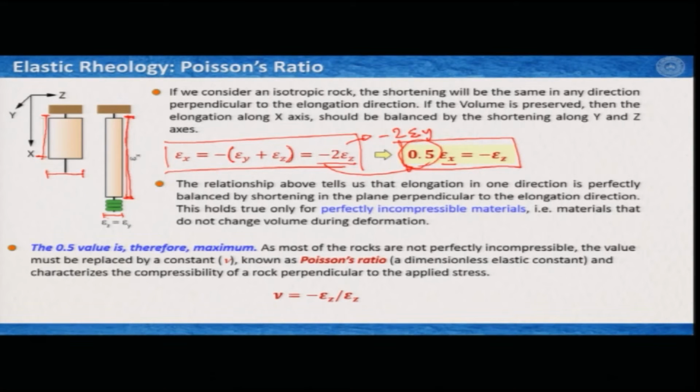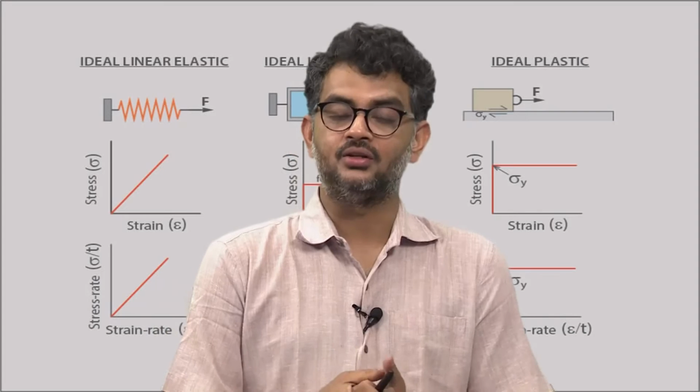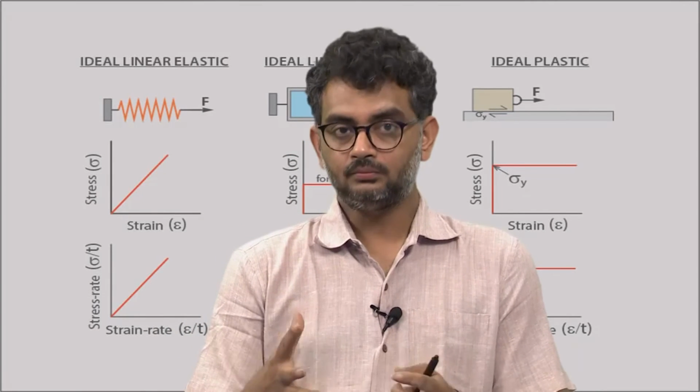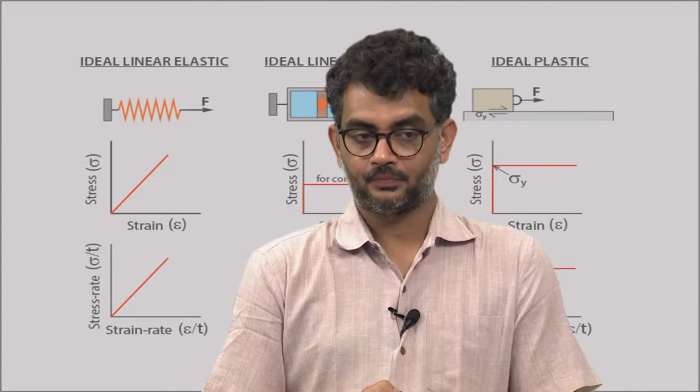So, therefore, if you have your volume constant, that 0.5 value is maximum, right. Most of the rocks we know, or we will see later, are not perfectly incompressible. All sorts of volume changes or compressibilities are involved where the volume shrinks. Okay.